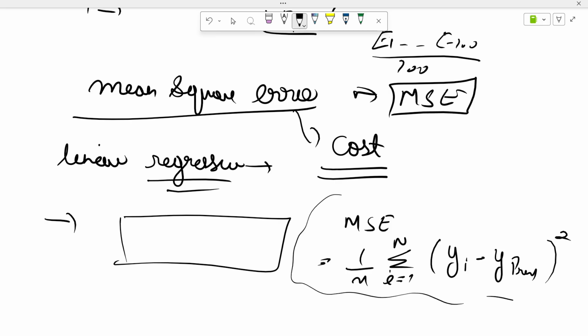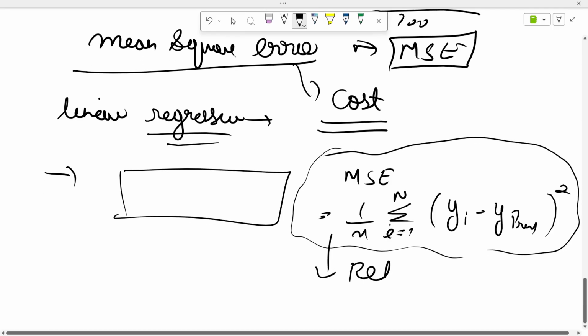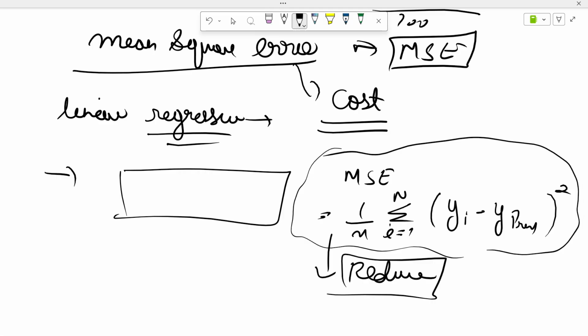This is your equation, and you want to reduce this as much as possible to get the best values of m and c. You first assume some values of m and c, then you calculate the predictions for each input in the training data, and then you check how much error it is.